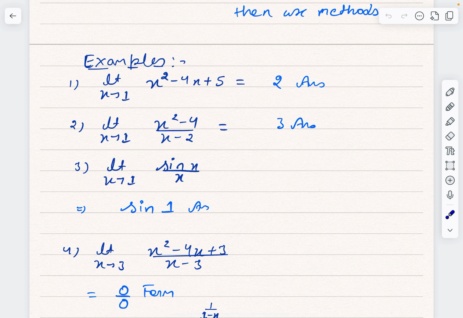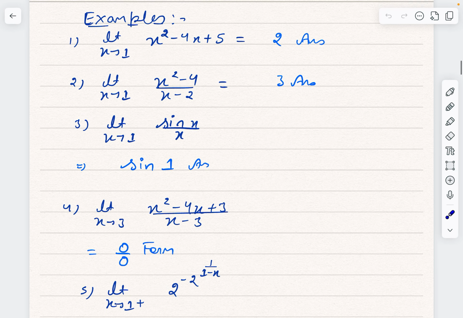This is the kind of problem which we'll have to solve. How do we solve? That we'll discuss in the next topic. For now, we're trying to differentiate when to solve and when to just leave it. So the first 3 problems, we leave it. That's the answer. But here we say it's a 0 by 0 form. So you'll have to solve this thing. How to solve, we'll discuss later in the next concepts.